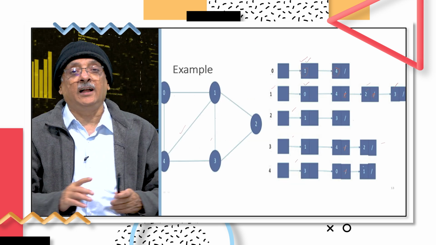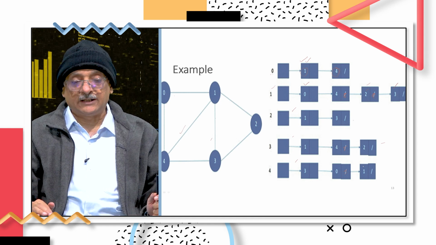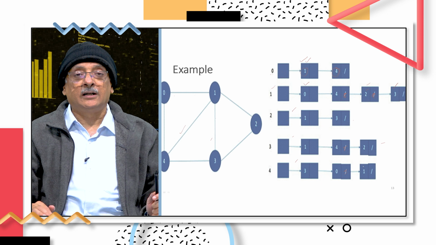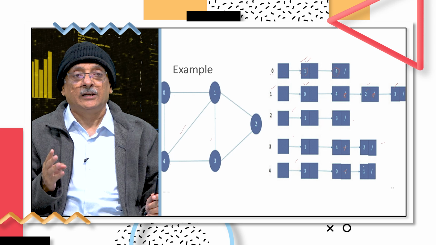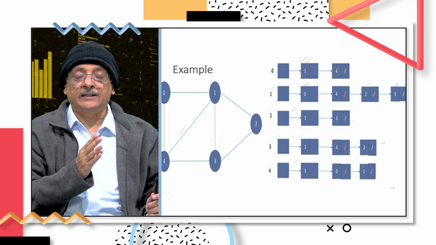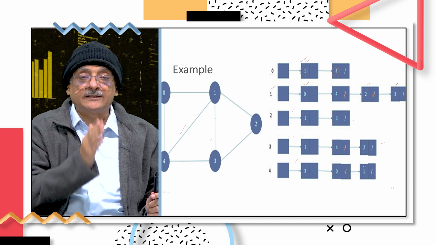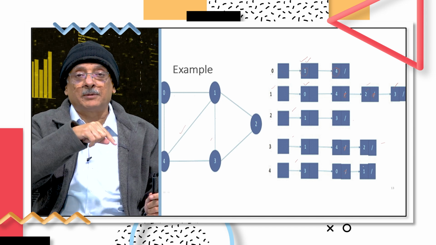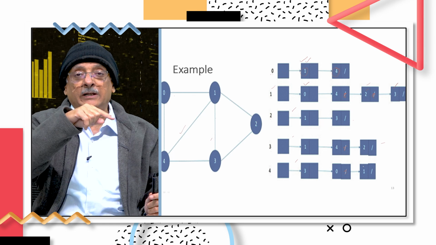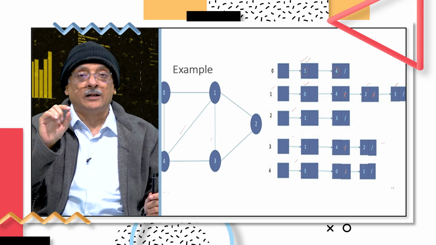So, this is the linked representation, the typical link representation when we are representing a graph. We have got two representations for graph. The first one is the adjacency matrix representation, where we represent a V cross V Boolean matrix.